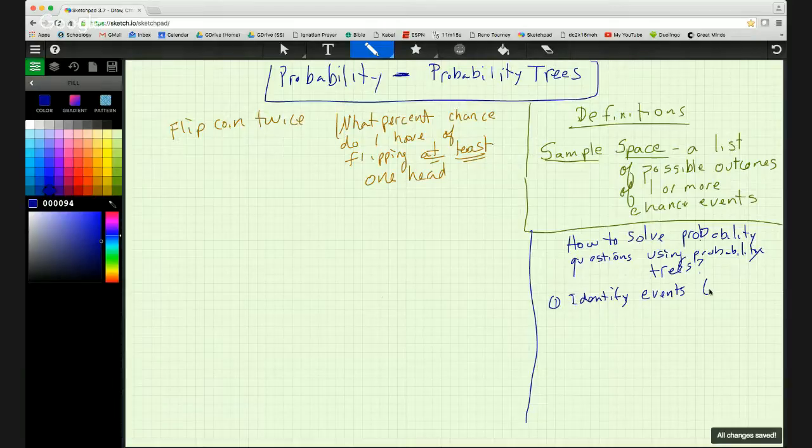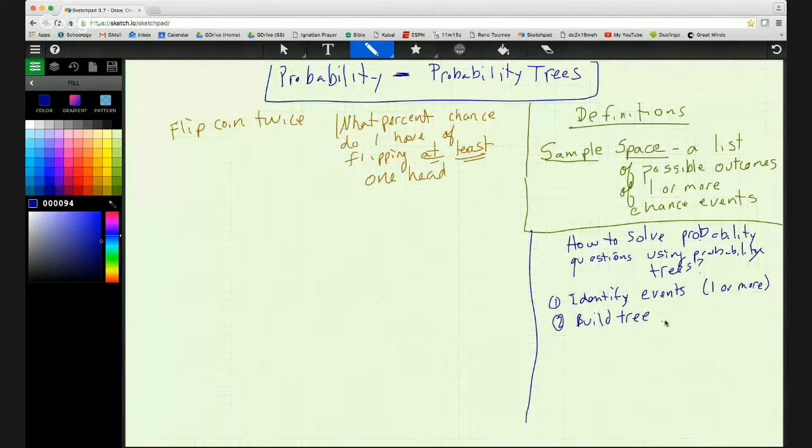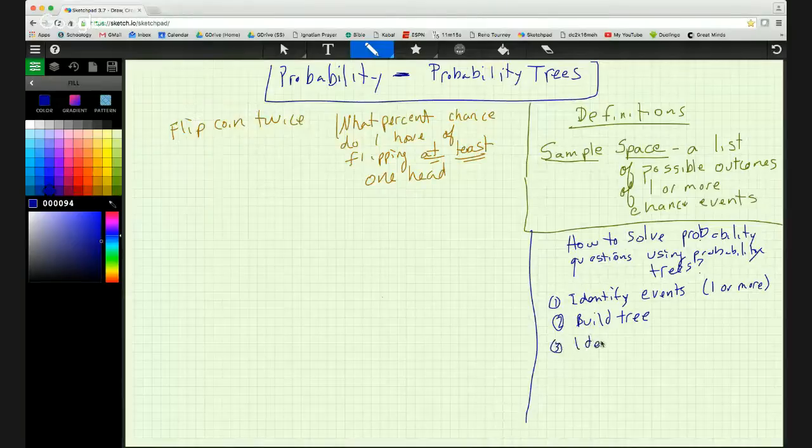This can be one or more. Then two, we're going to build the tree. Three, we'll identify our outcomes.